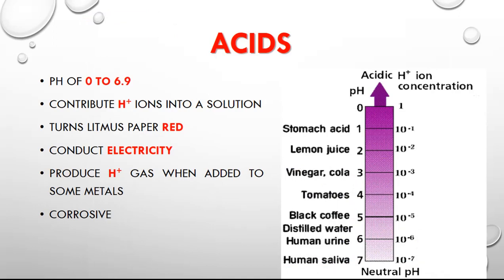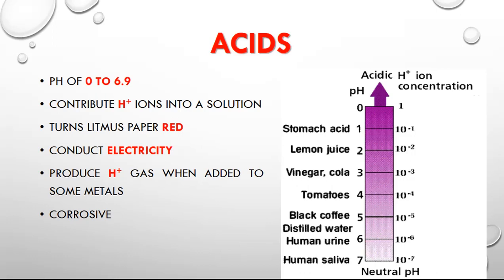These are some of the characteristics of acidic substances. The pH of acids is from 0 to 6.9, and they contribute hydrogen ions into a solution, and turn litmus paper from blue to red.